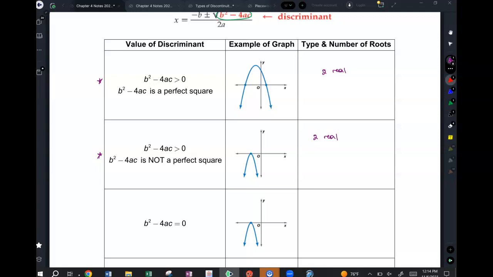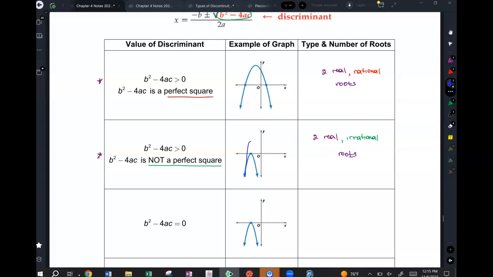But if, in addition to being positive, it's also a perfect square, then we get 2 real rational roots. So here, if the discriminant is positive, but it's not a perfect square, then I get 2 real irrational roots.